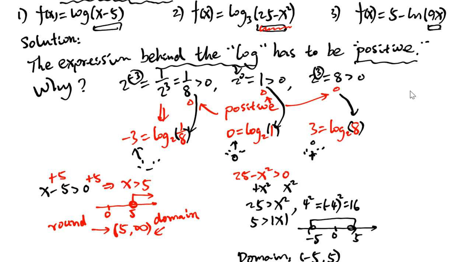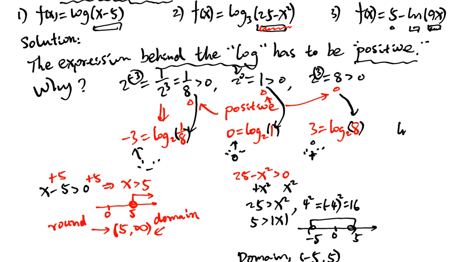What is our third function? The third function is ln. You want to consider ln. You do not have to consider 5, that's a constant. You want to consider the expression behind the natural log.